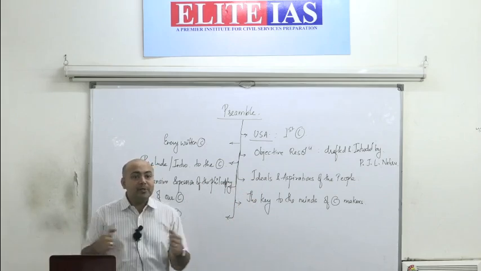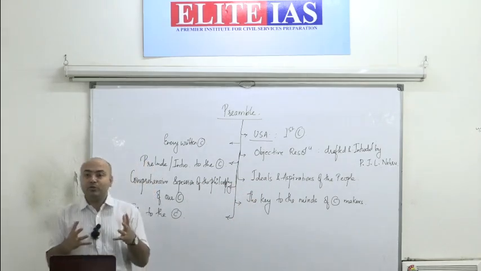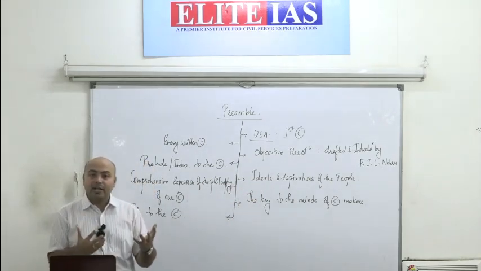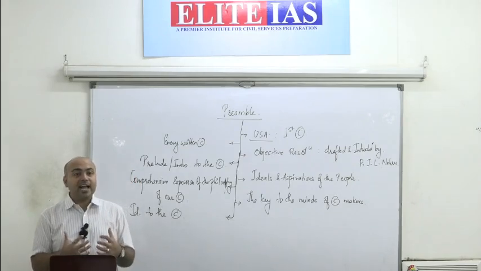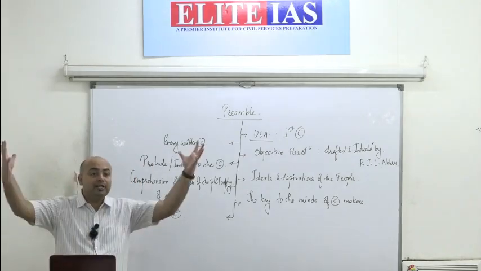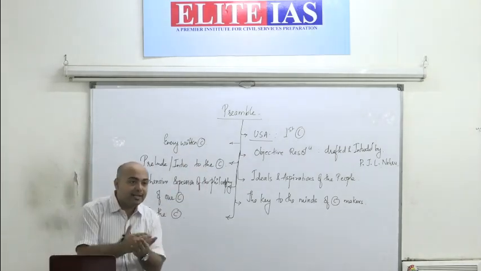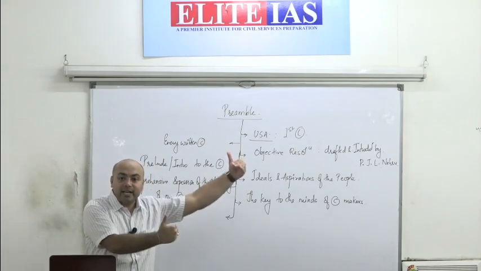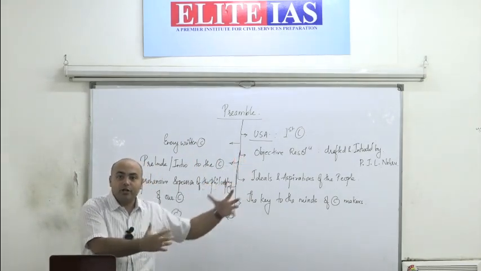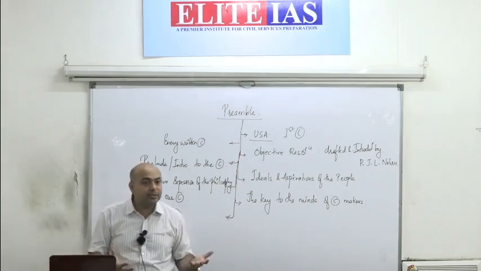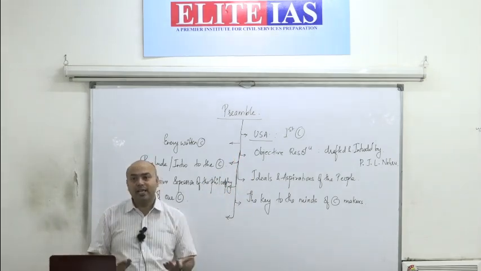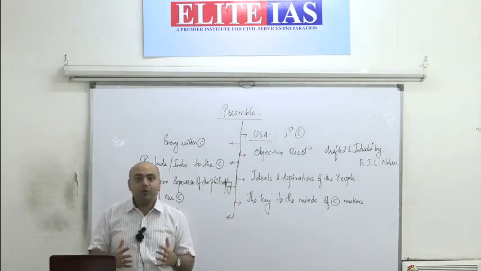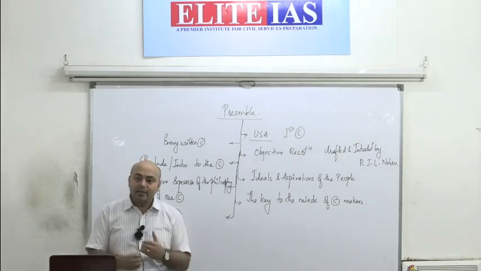Because this is what the Supreme Court feels. The Supreme Court also knows that the preamble is an expression of what the Constituent Assembly really wanted when it indulged in this comprehensive exercise of enacting a constitution. What did it really want? It really wanted what has been mentioned in the preamble.